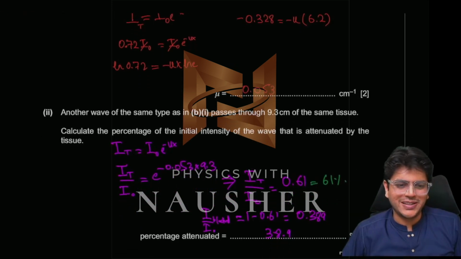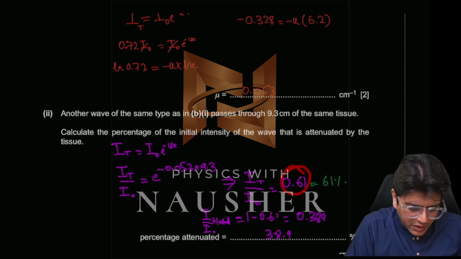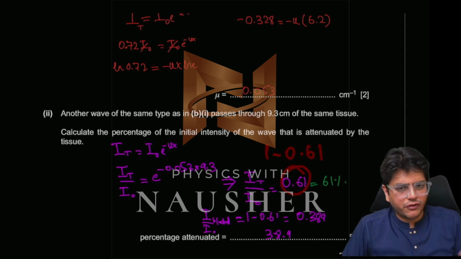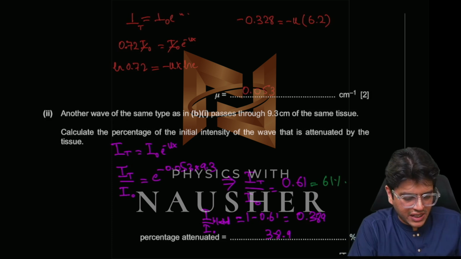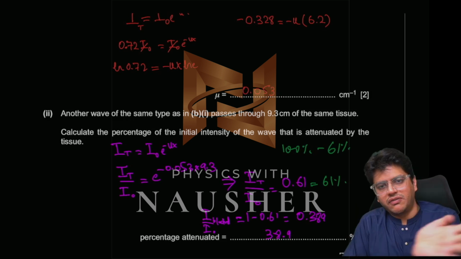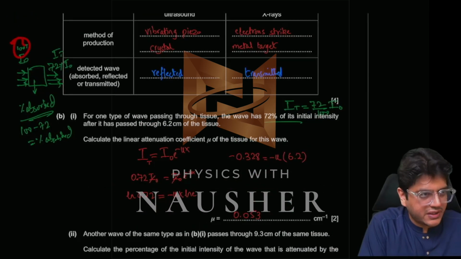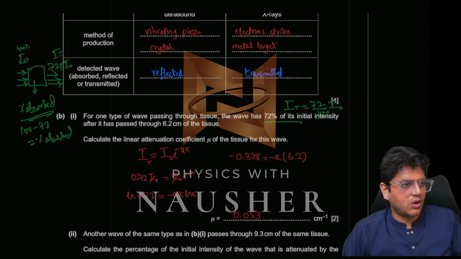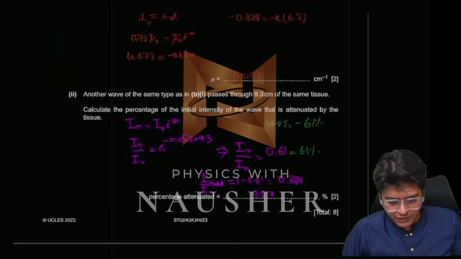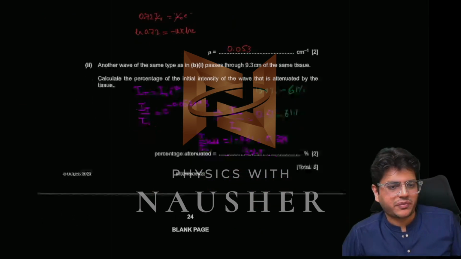It's going to be 1 minus 0.61 if you're using the fraction. If you're using a percentage, just do 100% was sent in, 61% went out. What is the percentage absorbed? It's 100 minus 61, which is 38.9 or 39%. And that's it.